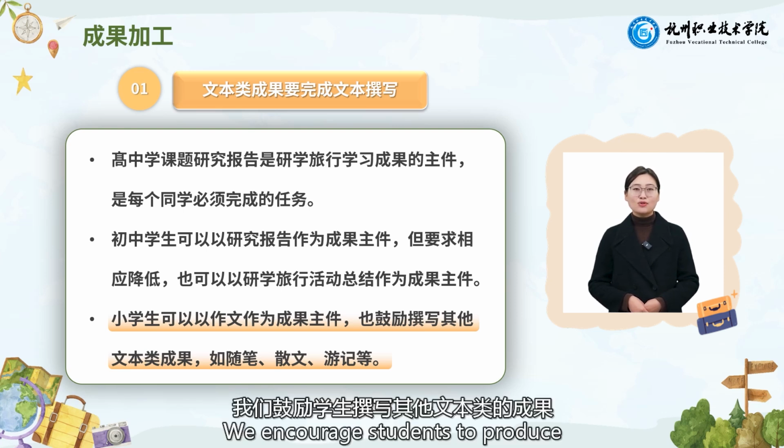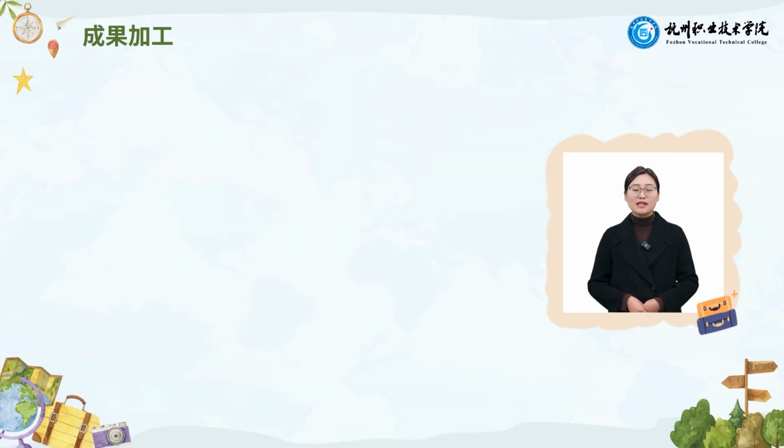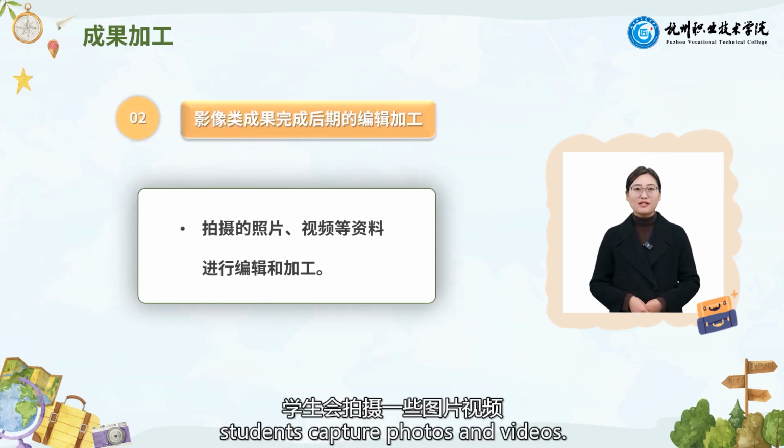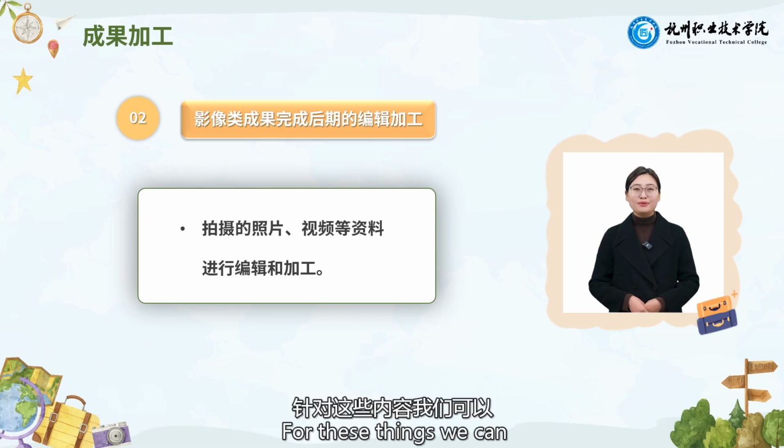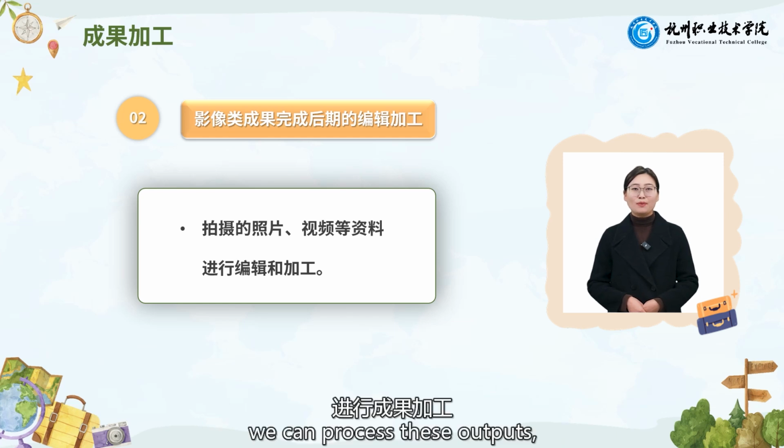We encourage students to produce various types of written outputs, such as essays, prose, and travelogues. During the study tour, students capture photos and videos. With the help of visual data and parents, we can process these outputs.